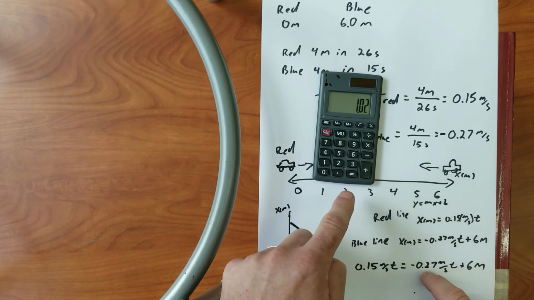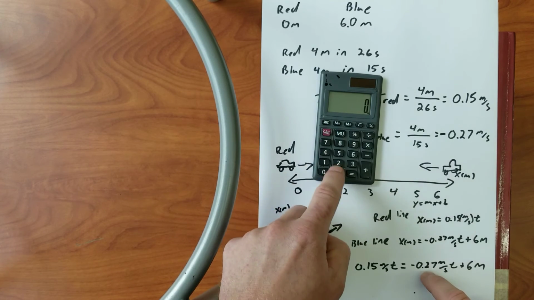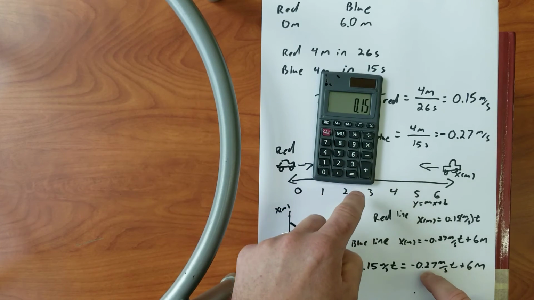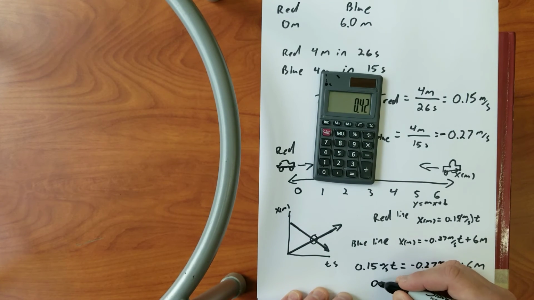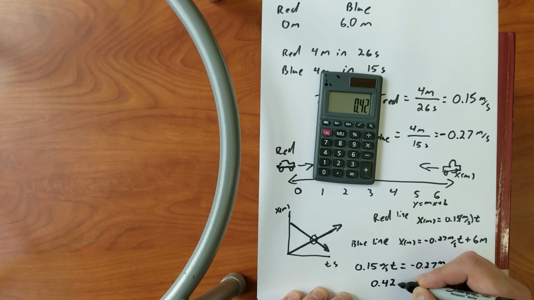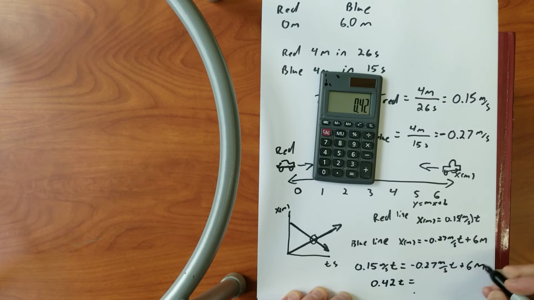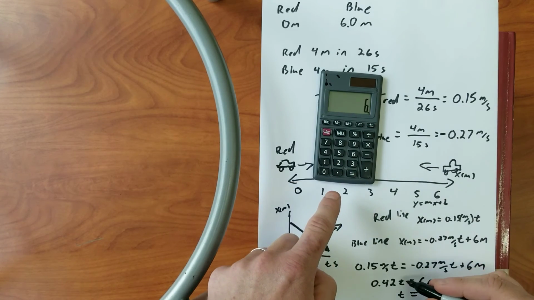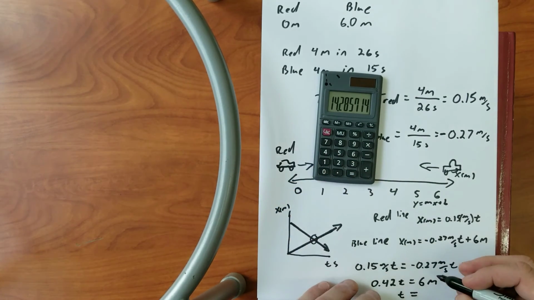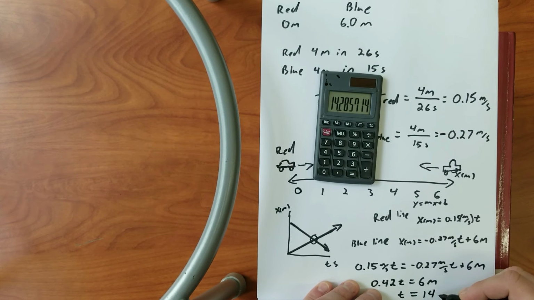So now I have 0.42 times time is equal to 6 meters. So I just divide out the 0.42, and now I'm left with time equals 6 divided by 0.42. Time equals 14 point, we'll just call that 14.3 seconds.